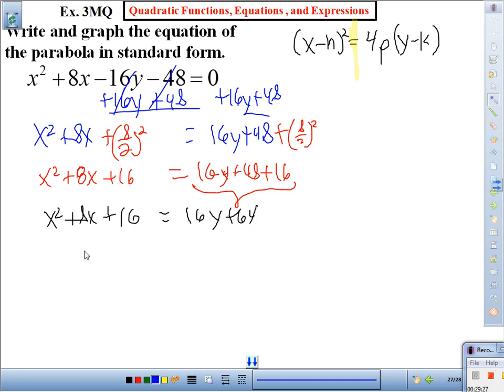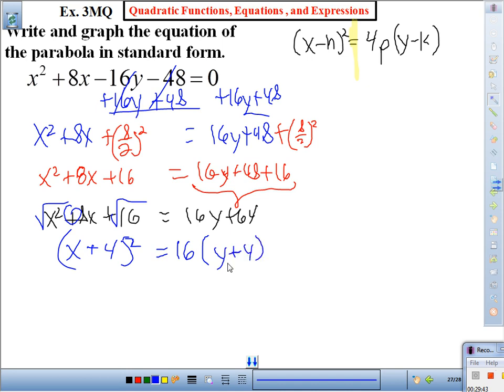Next, how can we make this look like this? Factor by square root of the first, square root of the third, sign of the middle, squared. What is the common factor for these two? 16, and we're left with y plus 4. Have you got that? Let's go. And of course the rest, you just need to find the points and graph it.